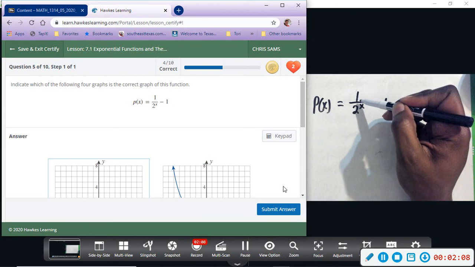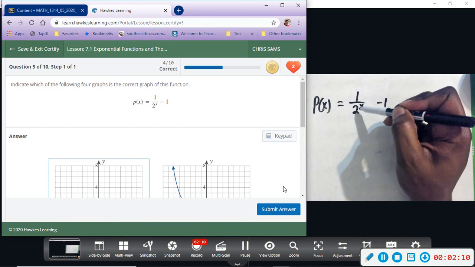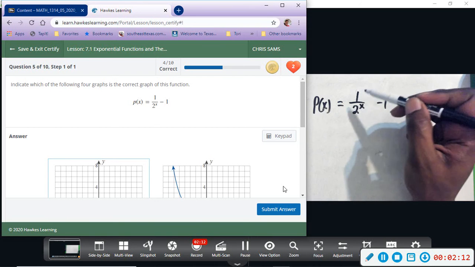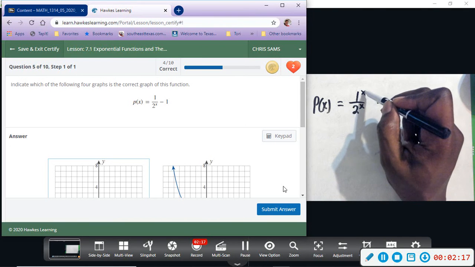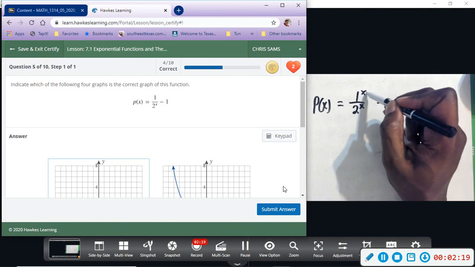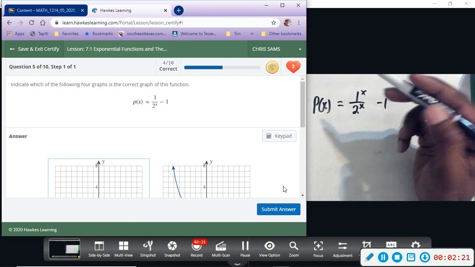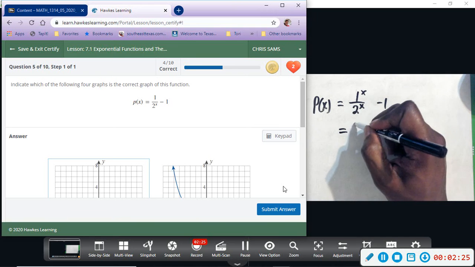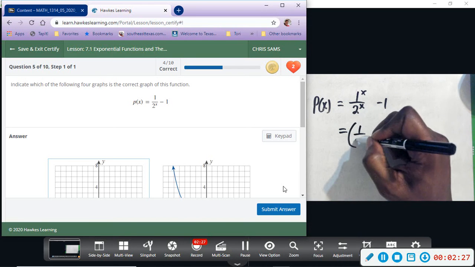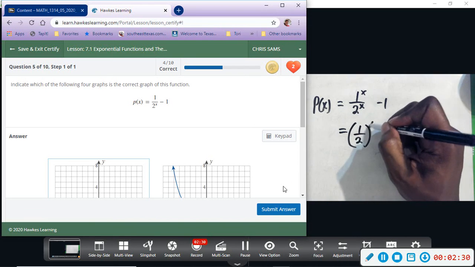We can really show the base as 1 over 2 to the x power, because 1 raised to any power is still 1. So even though they didn't put the x there, you can. And because of properties of exponents, this is the same as saying 1 over 2 to the x power.